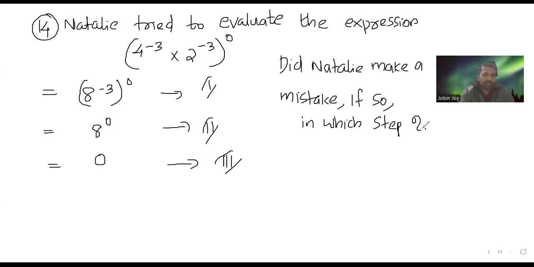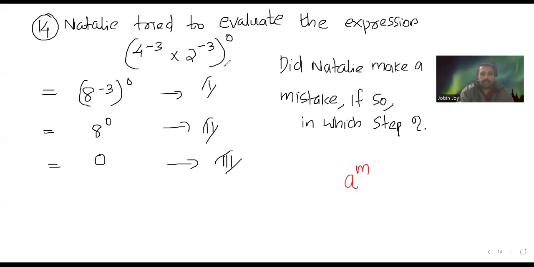Okay. So once again, Nadali tried to evaluate the expression. And what is the expression? 4 raised to minus 3 into 2 raised to minus 3, the whole raised to 0. Okay. And these are the 3 steps. So first I am checking the first step. So the first step is in the form of a raised to m.